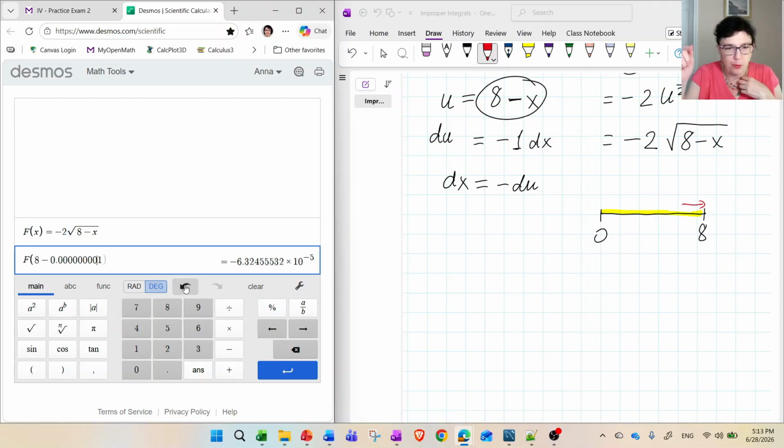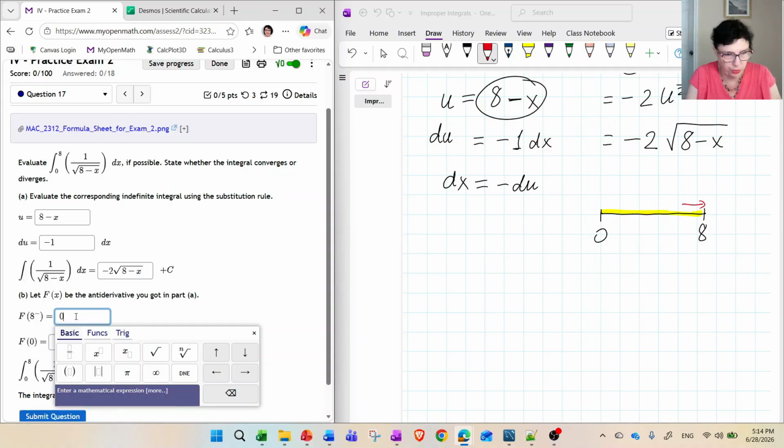That just means move the decimal point 5 to the left. So you have 4 zeros and a 6. If you keep doing that, you will see how it becomes closer and closer to 0. In fact, in this case, we can actually compute the value of the function at 8, and that's going to be 0. But that's really not the same as asking the limit. The limit happens as you keep getting closer and closer to 8 and seeing what happens. As I keep doing that, I get a smaller and smaller number, and basically in the limit, this is going to be 0.